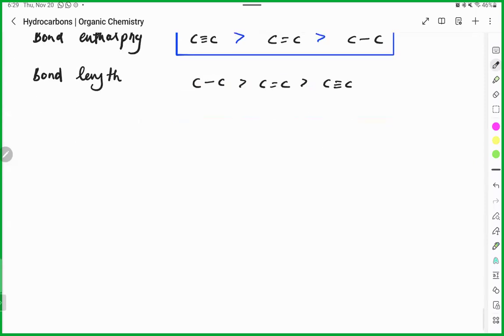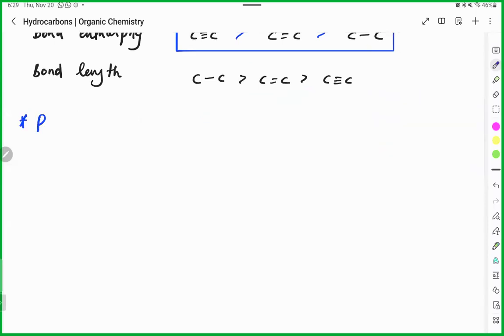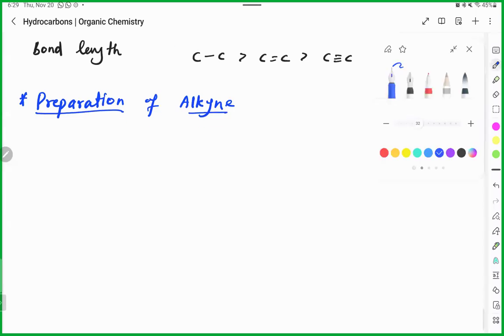Okay. Next, come to the preparation part. We have limited preparation. Only two preparations are given in our NCERT for alkyne, and both are easy. At least one you have done before. First is from calcium carbide. So what do we take? First, we take calcium carbonate.